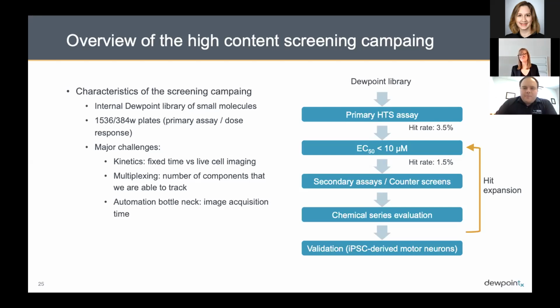Excellent. Another question from Mark Bronstrup. What is your strategy to deconvolute the molecular mechanism of action of your hits? And that might be related to the previous question too. Yeah, so let me comment to the best of my understanding and also to the best of what I can say.